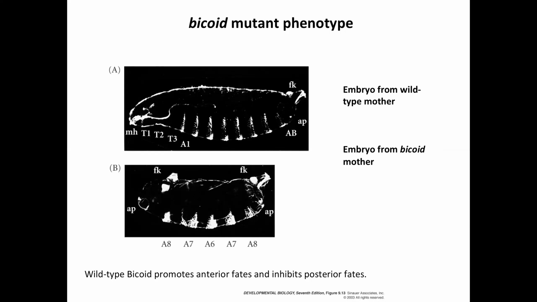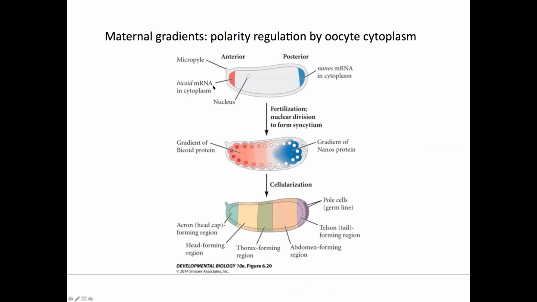Because the contribution that leads to the development of the embryo is the contribution from the mom. So bicoid mRNA laid into the egg from the mom is what is going to define the development of the embryo.